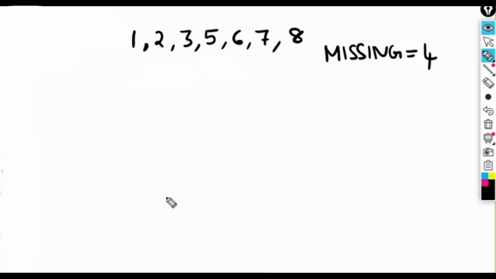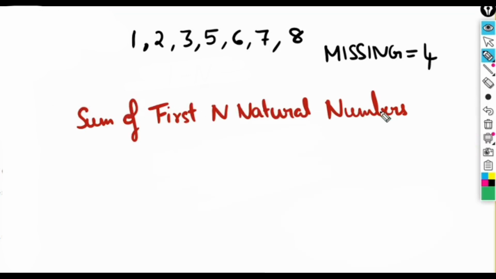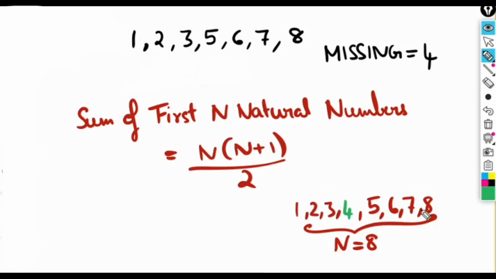First, let's understand how that can be done. We use a basic mathematical formula: the sum of the first n natural numbers is given by n into n plus 1 by 2. Here n refers to the total number of elements in the sequence.